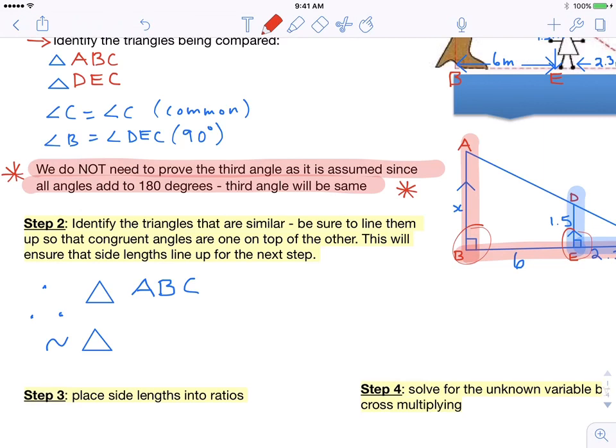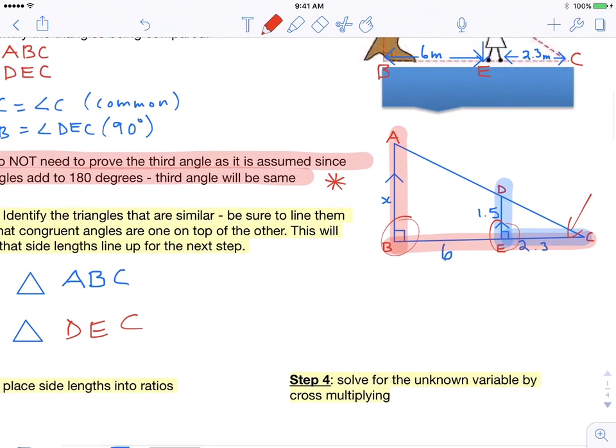Now, because of the proof in step one, we can say that triangle ABC is similar to triangle DEC. I know angle B is 90 and angle E is 90. We've got that here in our diagram, so that's why those line up. Obviously, angle C will line up with angle C, and then we're left with A and D lining up one on top of the other.